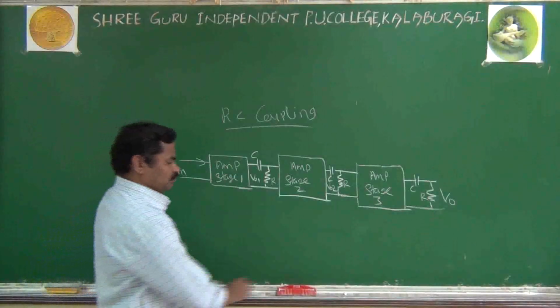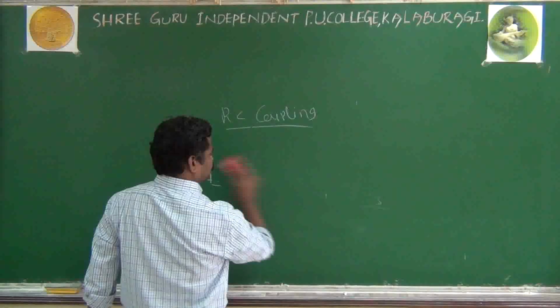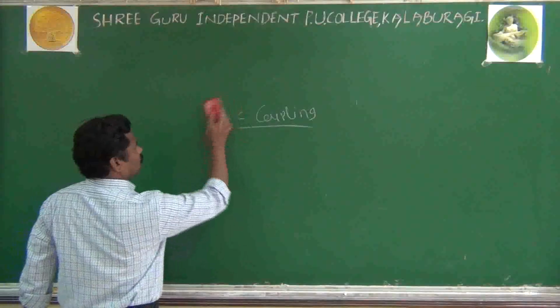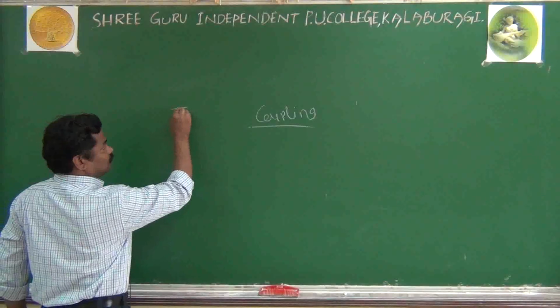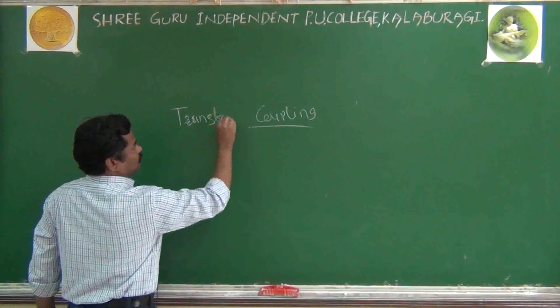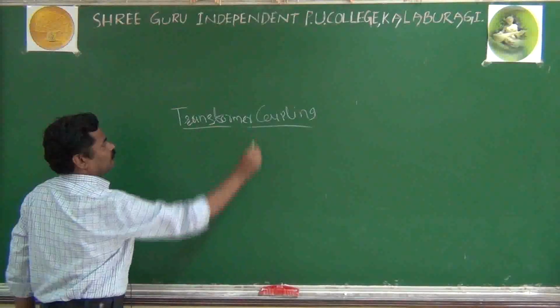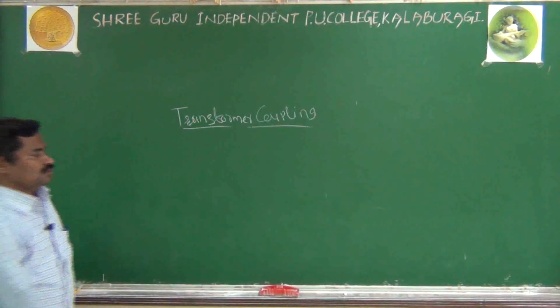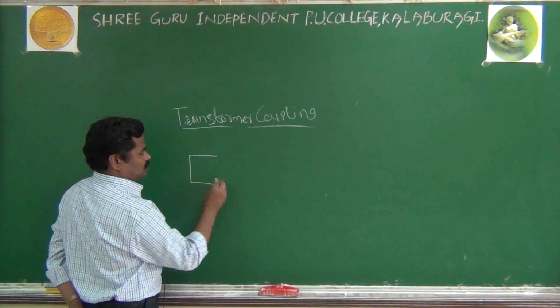Now we go for another type of coupling, called transformer coupling. You use the same thing here. You can also use three stages of amplification.